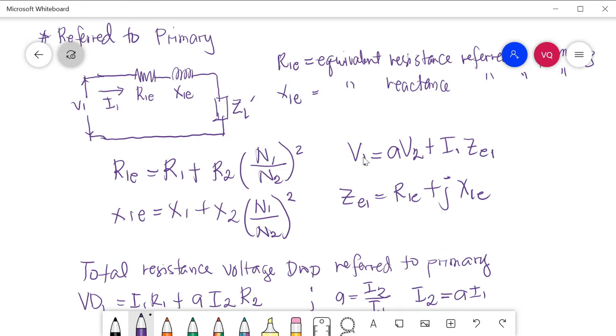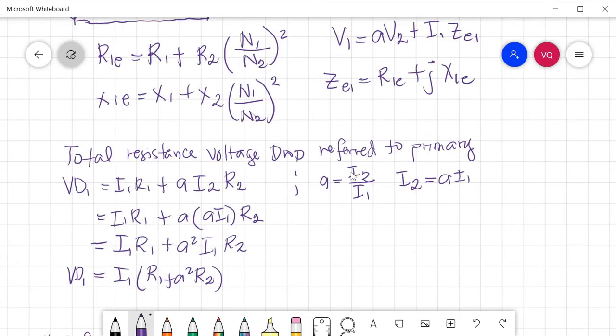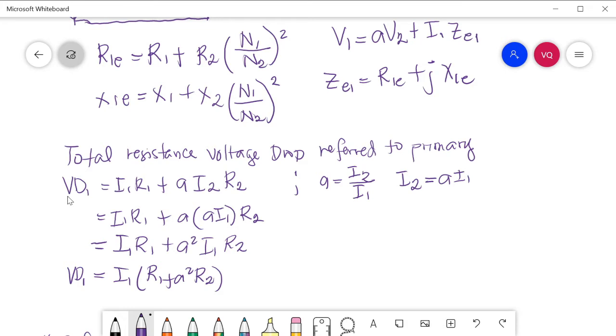So V1, our input voltage, will be equal to A, the transformation ratio, times V2, the output voltage, plus I1 Z1E. So Z1E is R1E plus jX1E. So total resistance voltage drop referred to primary, we have voltage drop 1 is equal to current at primary I1 R1 plus A, the transformation ratio, I2 R2.